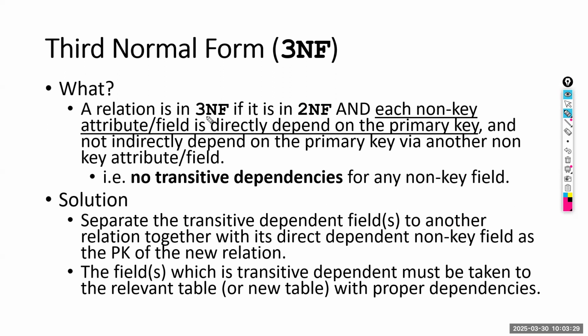The relation is in third normal form if it is in second normal form, and each non-key attribute directly depends on the primary key. In other words, no transitive dependencies. Second normal form, no partial dependencies. Third normal form, no transitive dependencies.